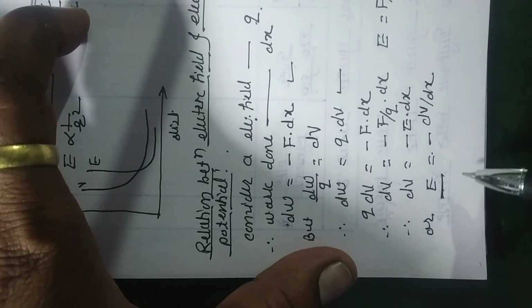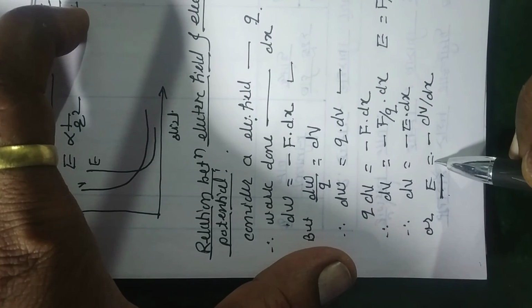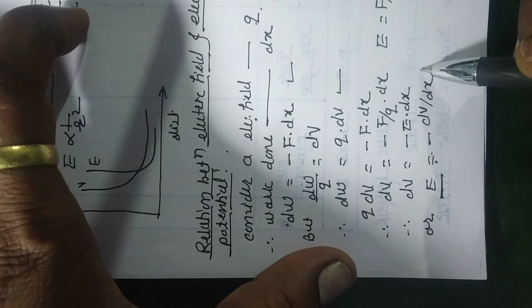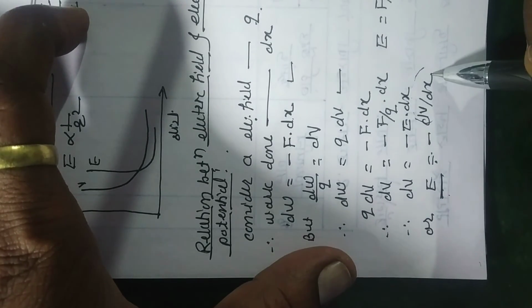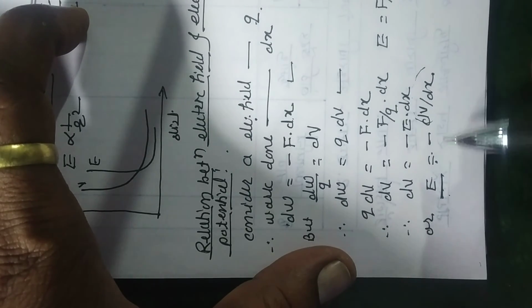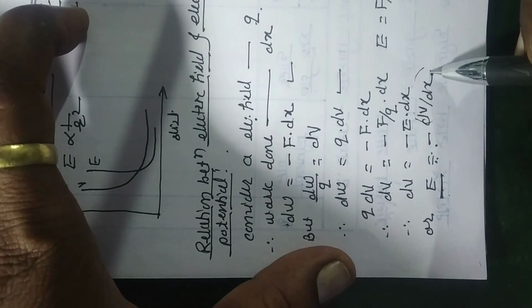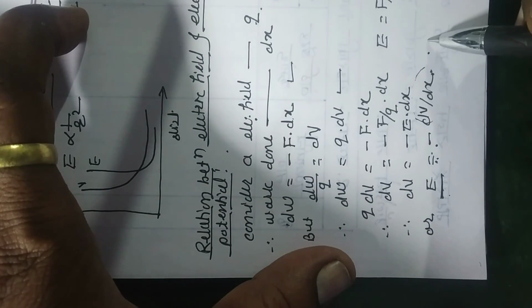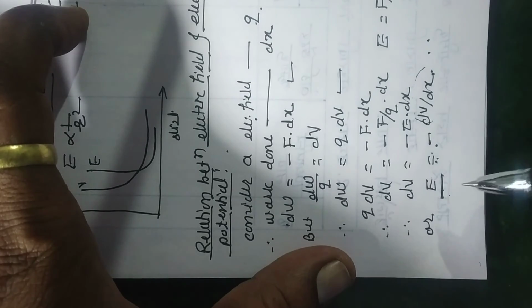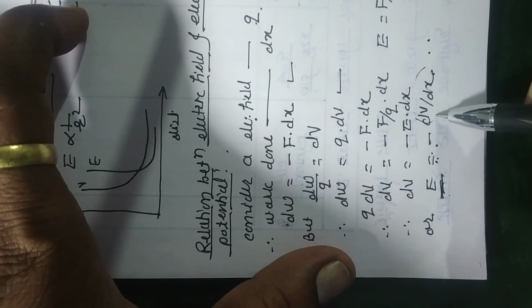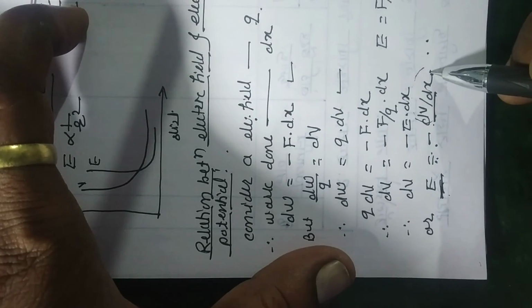Thus electric field is defined as the rate of fall of potential with distance. Electric field at any point is called the negative potential gradient, or electric field is nothing but the rate of fall of potential, or potential gradient.